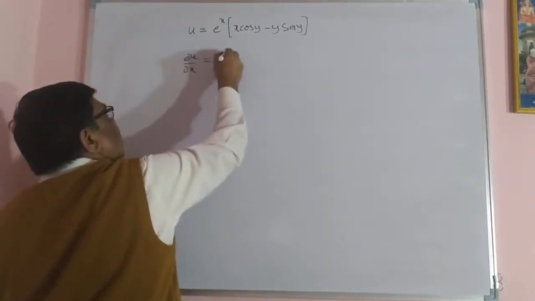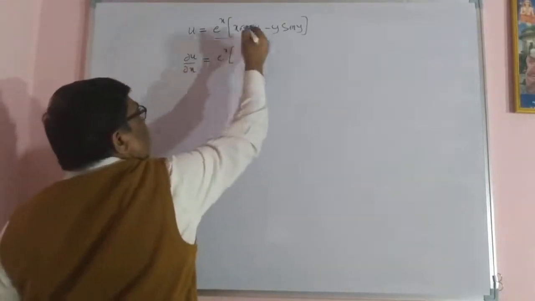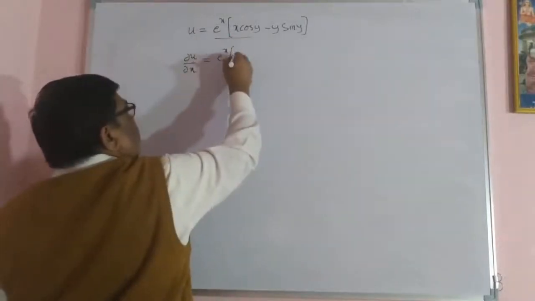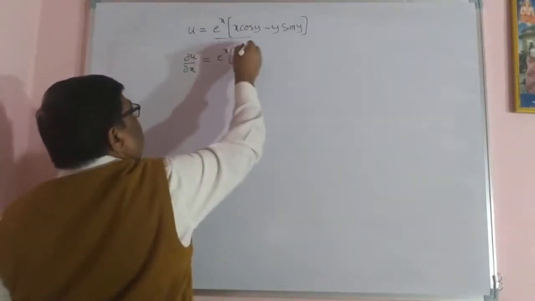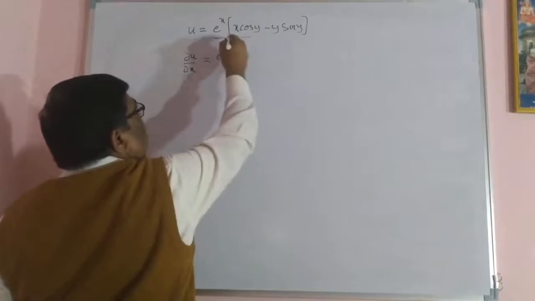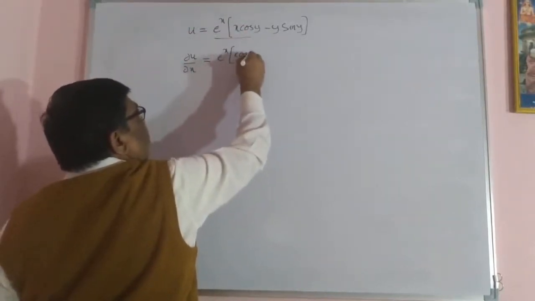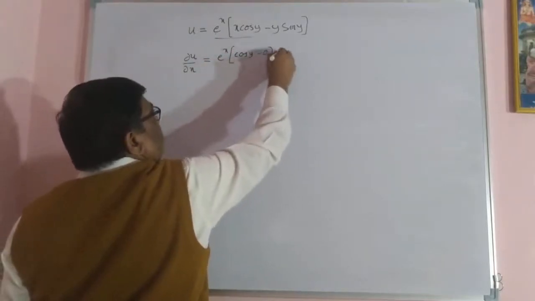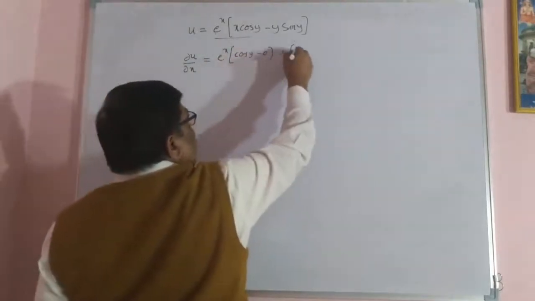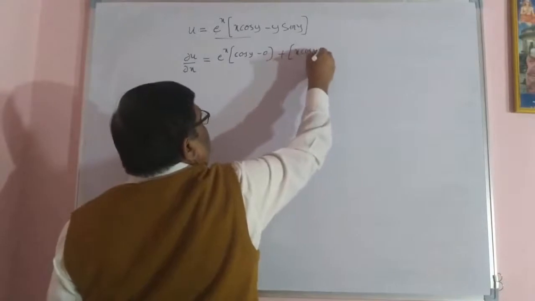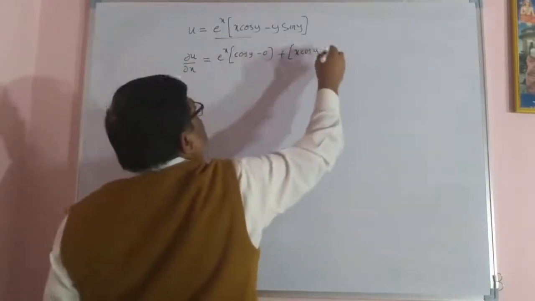Dou u by dou x: e raised to x constant, because I am applying the product rule, and you are differentiating partially with respect to x. So this is constant, differentiation of the bracket is cos y minus 0, plus x cos y minus y sin y.